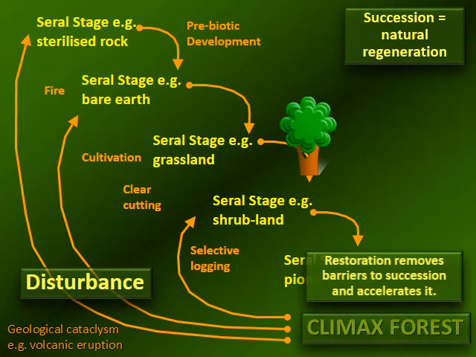We're not trying to replace nature, we're trying to remove the human-caused barriers to the natural processes of ecological succession, and then with that liberation, the process of succession should proceed faster than before.